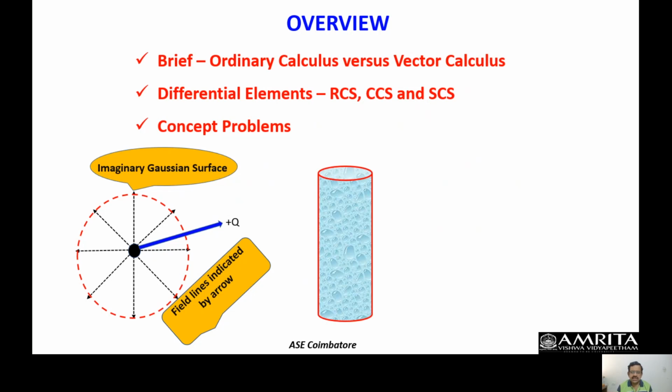Similarly, another example: let us say I have a solid cylinder that is uniformly charged. I am going to define the charge density present in the volume of the cylinder as rho, so the volume charge density is rho. See, this rho is different from the rho used in the cylindrical coordinate system.